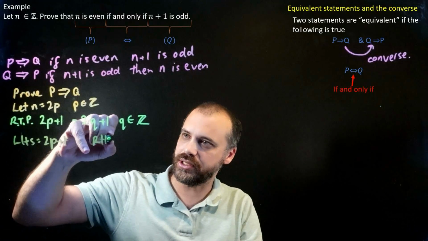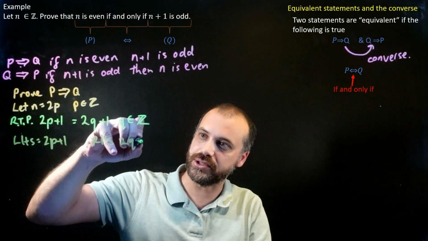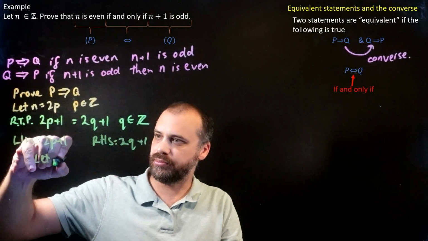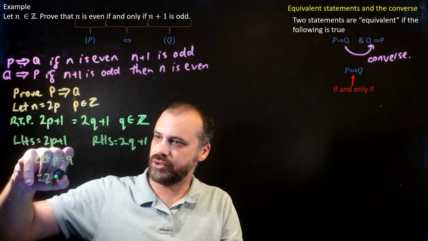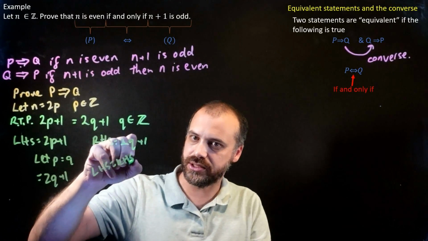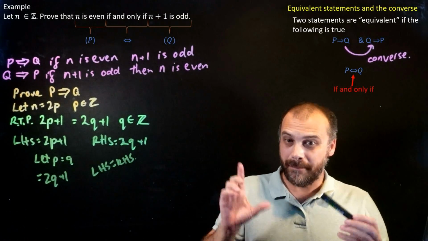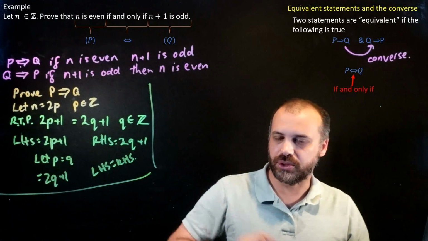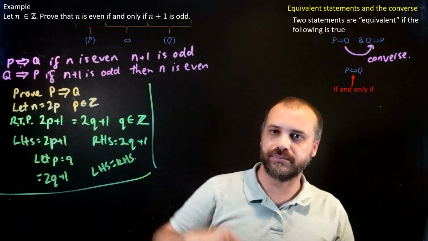The right-hand side is equal to 2q plus 1. These are both odd numbers, right? We can just say let p equal q, 2q plus 1. The left-hand side equals the right-hand side. And we're done.